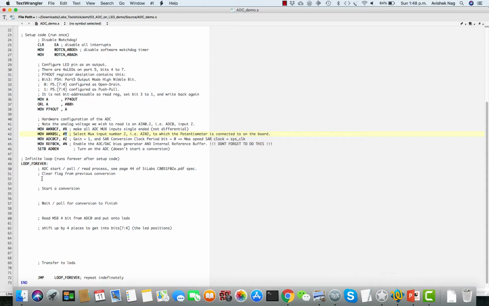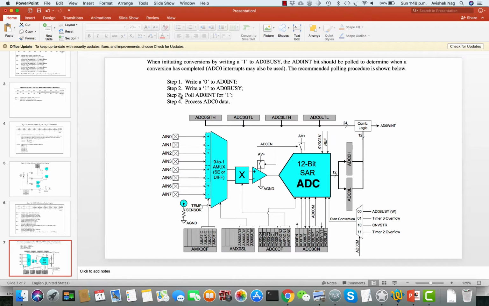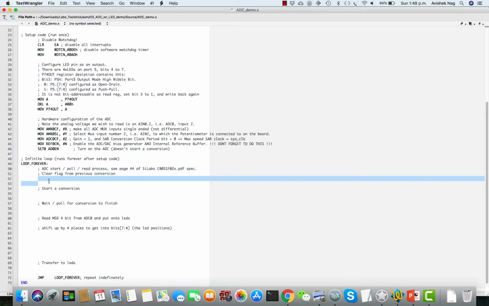So this part of the code here, whatever you write here, will actually emulate these four steps: write a 0 to ADC0INT, write a 1 to ADC0BUSY, poll the ADC0INT for 1, and then the data will be ready. So these four steps will go here.